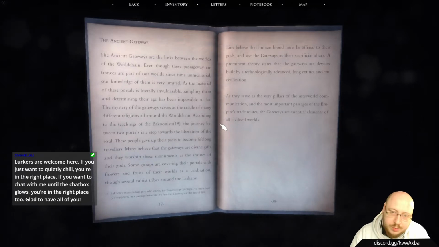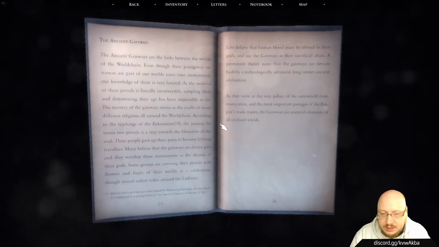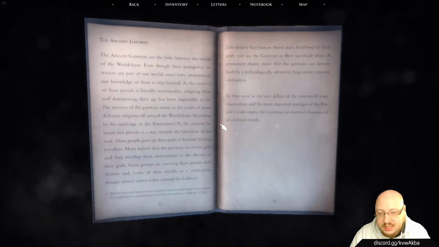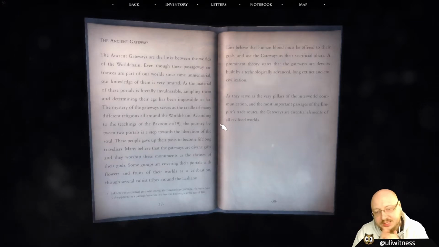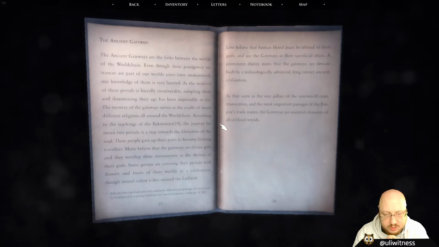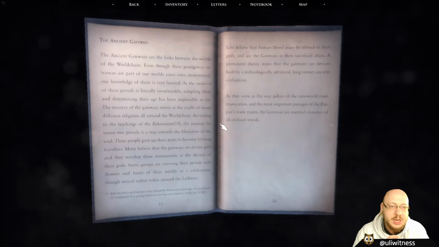The journey between two portals is a step towards the liberation of the soul. These people gave up their pasts to become lifelong travelers. Many believe that the gateways are divine gifts, and they worship these monuments as the shrines of their gods. Some groups are covering their portals with flowers and fruits of their worlds as a celebration, though several cultist tribes around the Lashan line believe that human blood must be offered to their gods, and use the gateways as their sacrificial altars.